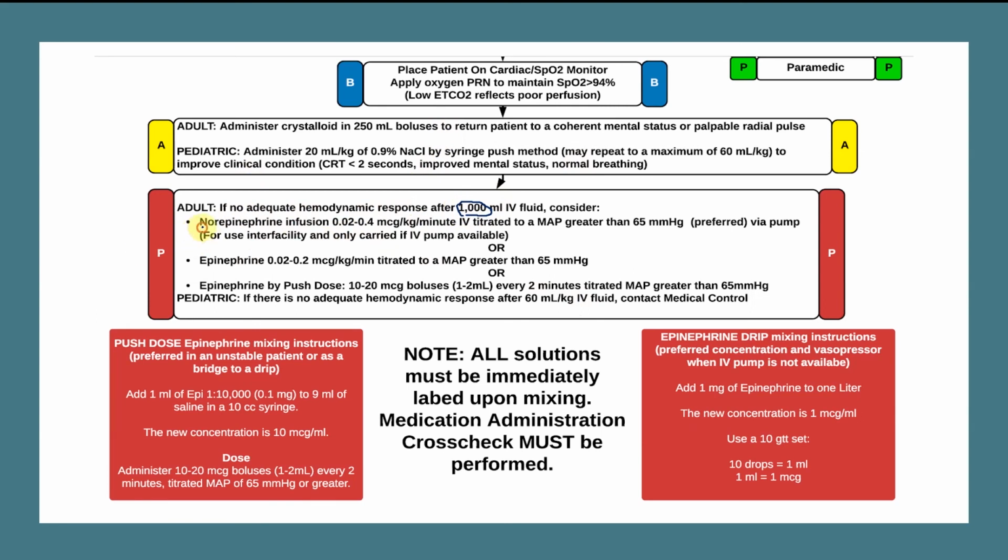You'll see that we have norepi listed here. Okay, and it's based on weight. It's a weight-based medication drip, and so is epi. You're going to titrate these to a MAP greater than 65.